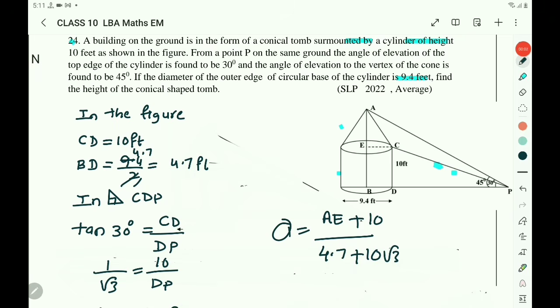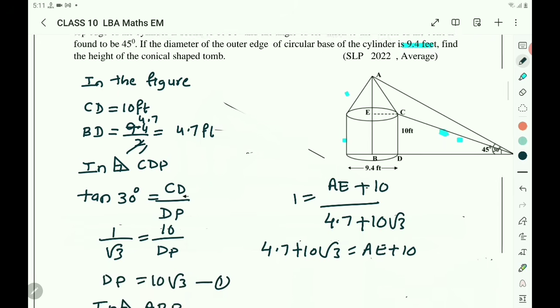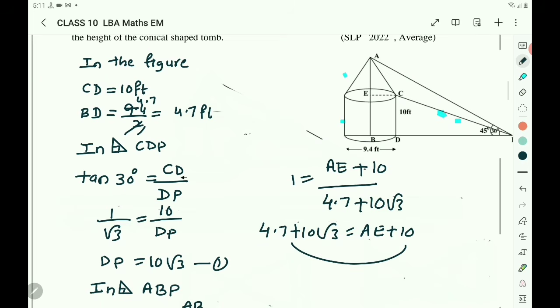Then you do the cross multiplication. 1 into 4.7 plus 10 root 3 is equal to what? 4.7 plus 10 root 3 only equals AE plus 10. Now you transfer this 10 to the LHS, that becomes 4.7 plus 10 root 3 minus 10 equals AE.